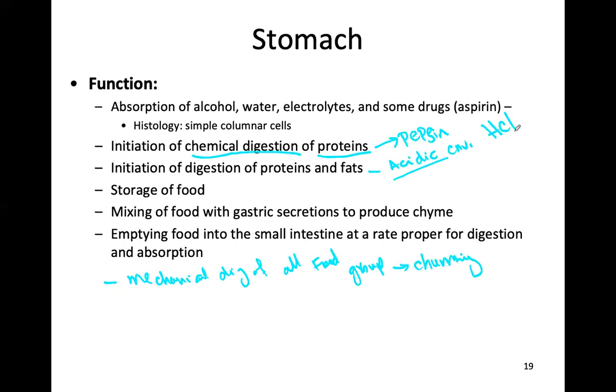So when that food is leaving, we don't call it food anymore. Because the changes are so significant, it will be referred to as chyme from this point on, not food.